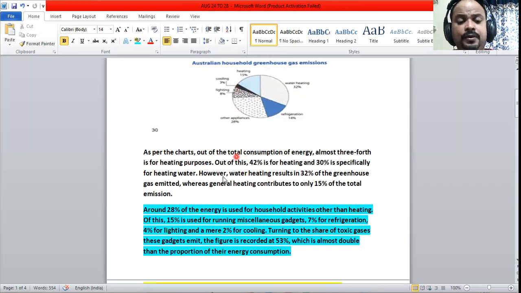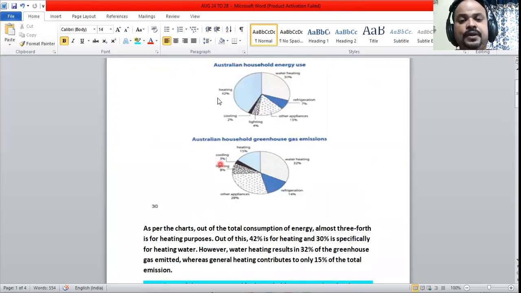Now, around 28% of the energy is used for household activities other than heating. Heating is 72%.